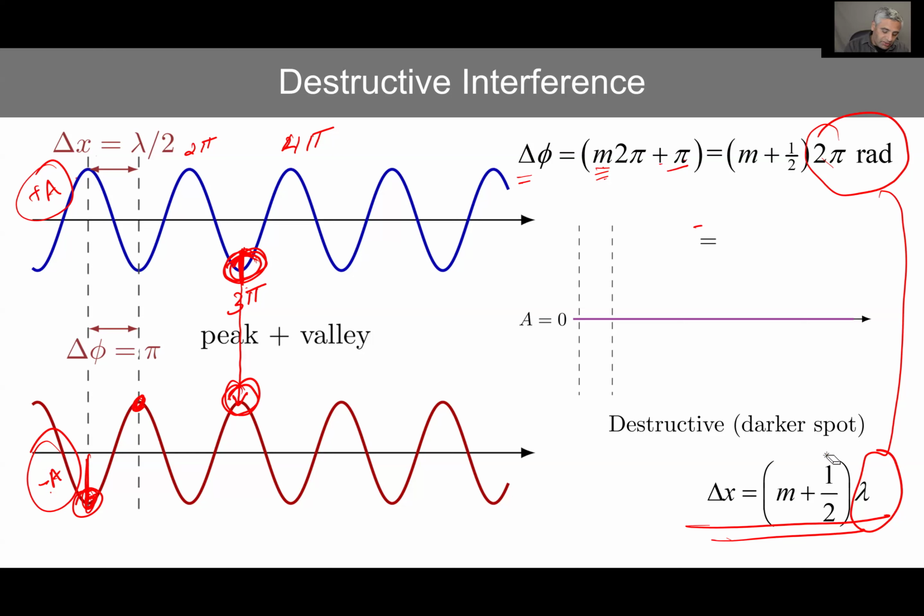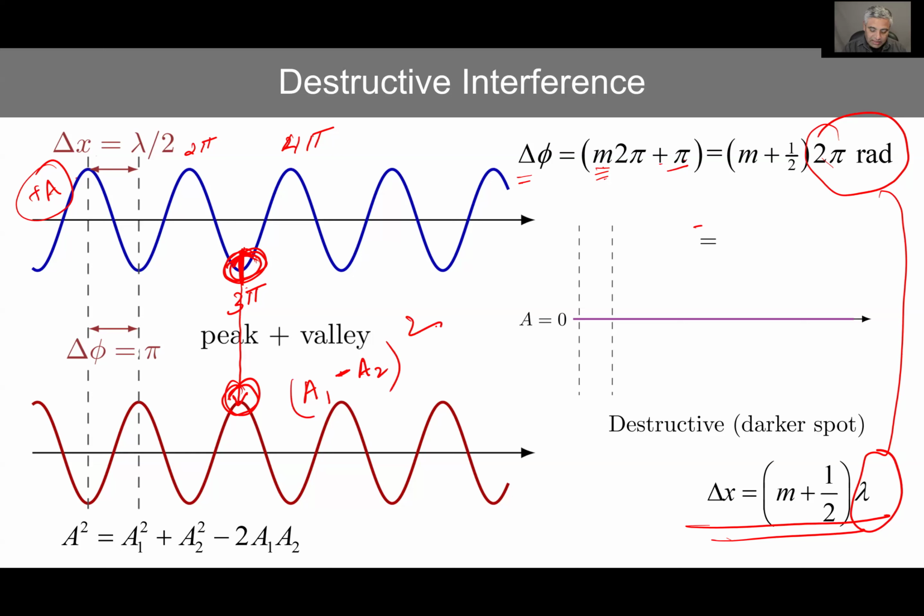Now, just like we did before, we can also write the equation for intensity. Here, A1 minus A2, we have to square that. No matter which one is bigger, it's just the amplitude, so we square the modulus.